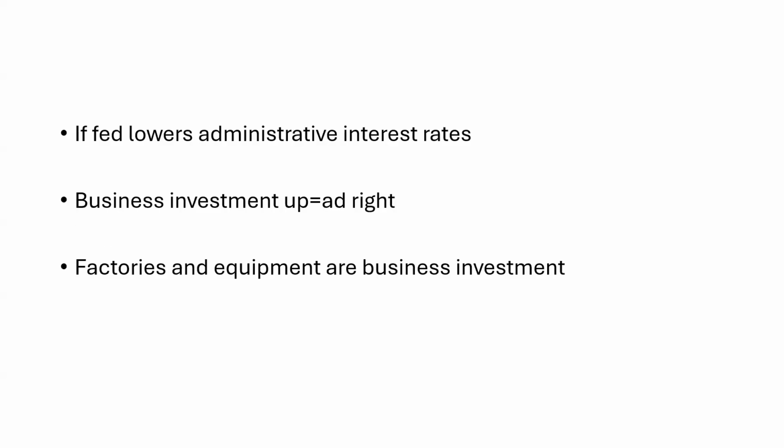So if the Federal Reserve lowers its administrative interest rate, we know investment's gonna go up. Roy just told us investment is like factories and equipment, so 18 and 19 is D, as in dogwood. I think people forgot what investment was. A lot of people got that one.